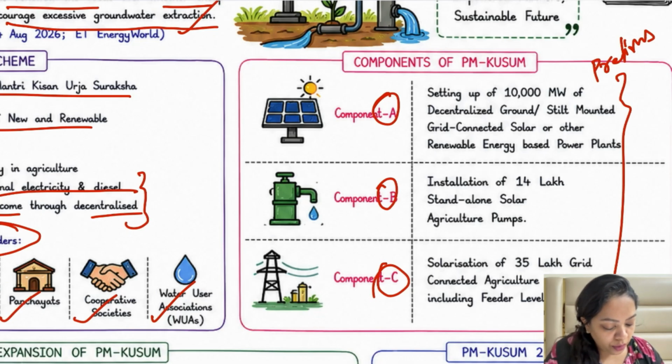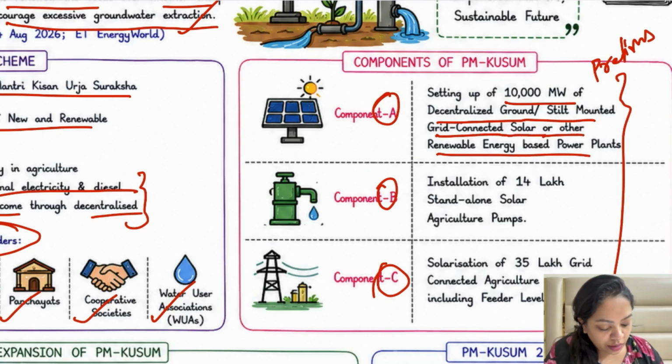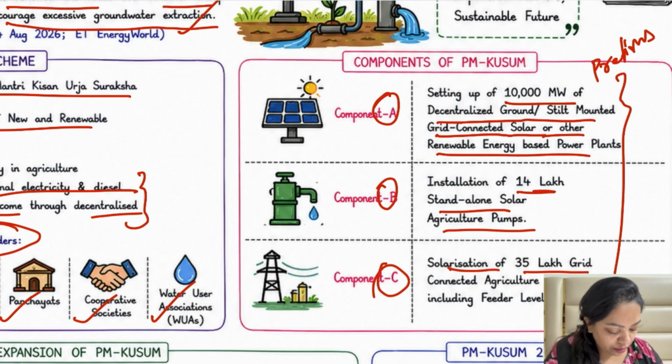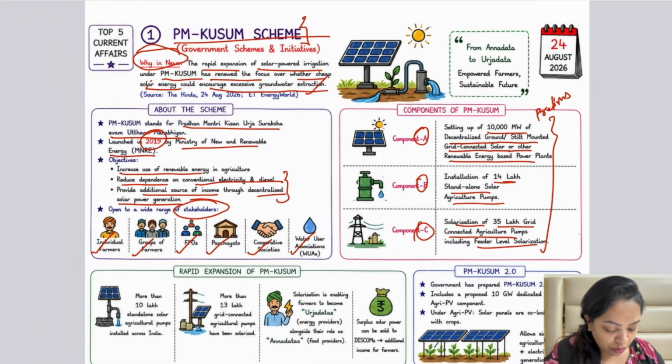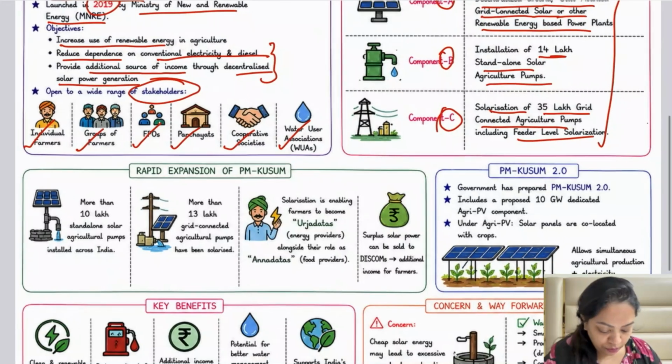So component A is to set up 10,000 megawatt of decentralized ground or stilt mounted grid connected solar or other renewable energy based power plants. Second is 14 lakh standalone solar agricultural pumps have to be installed. Third is solarization of 35 lakh grid connected agriculture pumps including feeder level solarization. So these are the three basic components of the scheme that you must know.